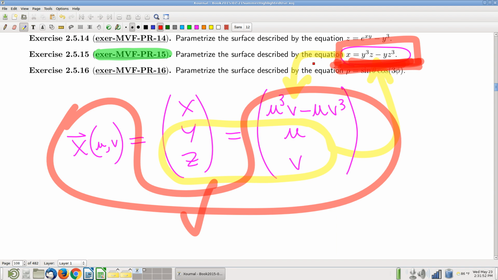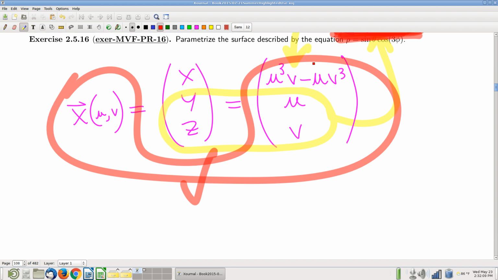Why do we use u and v and not stay with x, y, and z? It's a great question. It's kind of aesthetic preference on my part. Let me tell you what the problem is, as I see it.